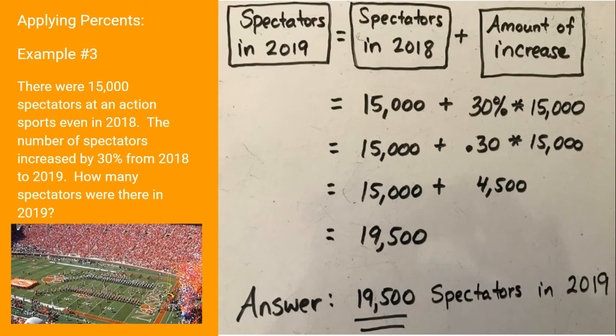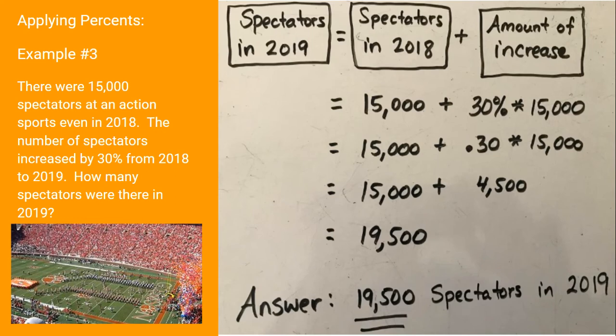Well, in this problem, it says that the number of people that attended increased by 30%. So you're going to take 30% and multiply it by the original amount, which is 15,000. So we got 15,000 plus. Now we're going to change 30% to decimal .30 and then multiply that by 15,000.